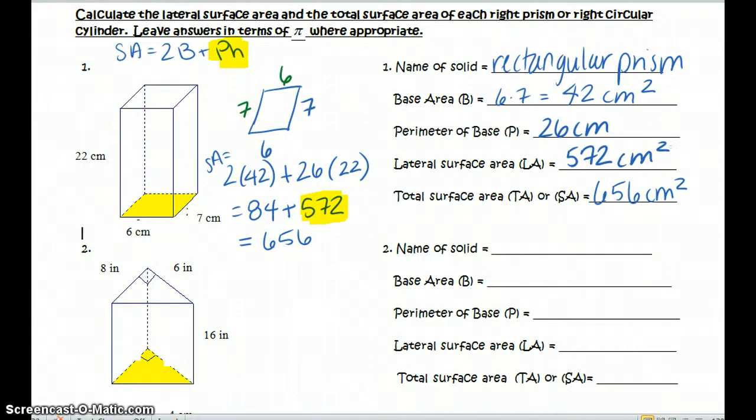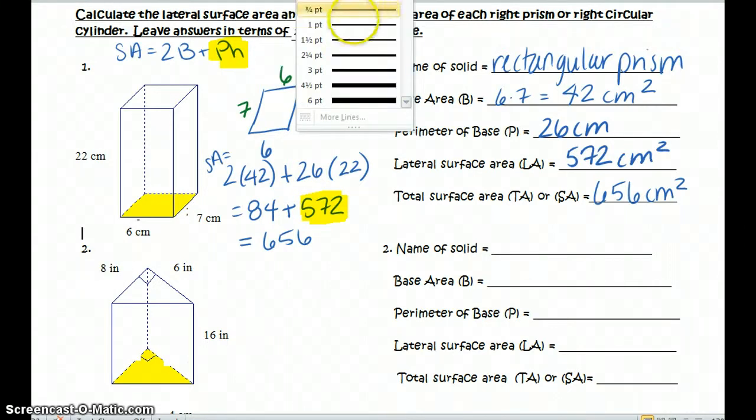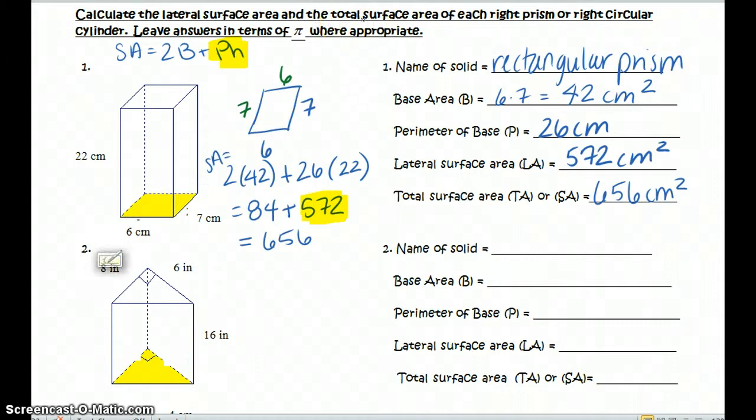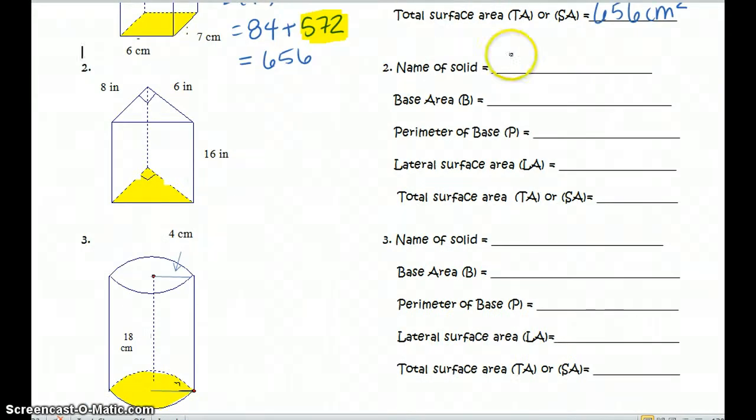All right, let's take a look at number 2. Number 2 is still a prism, okay, regardless of the fact that the base is now a triangle. So the name of the solid is going to be a triangular prism.